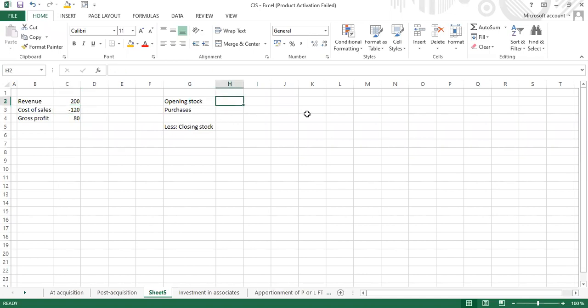Let's assume the opening stock is 200 and purchases are 120. If you add these two up, it's 320. Then closing stock is 200. That's how that 120 was derived. Are you with me? So let's assume this cost of sales was derived as a result of this arithmetic.